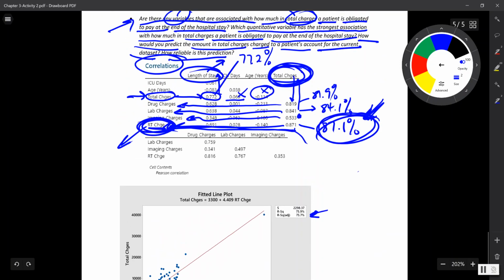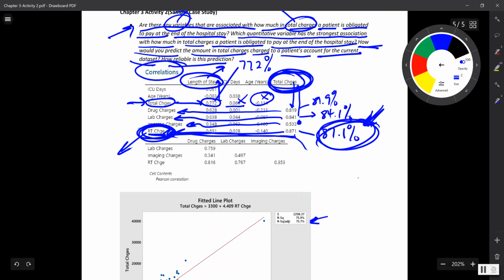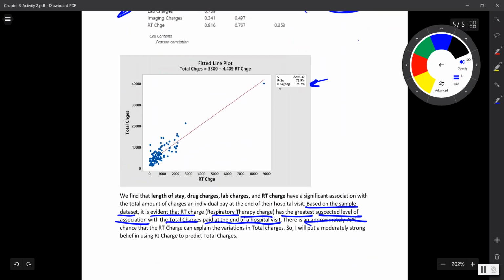In order to answer the question, how reliable is your prediction? This number right here tells me the degree of reliability of my prediction, and that is that there is a 76% likelihood or chance that your respiratory charge can explain why you have that much in total charges.